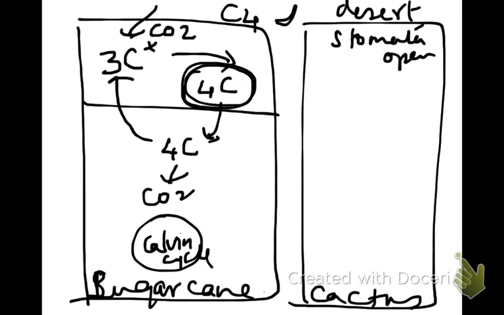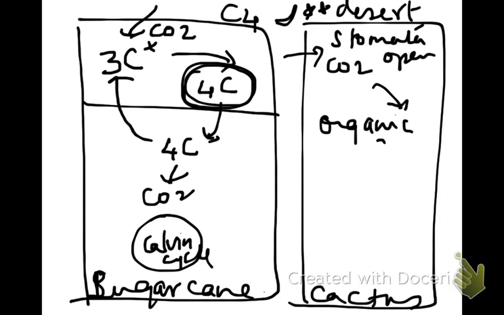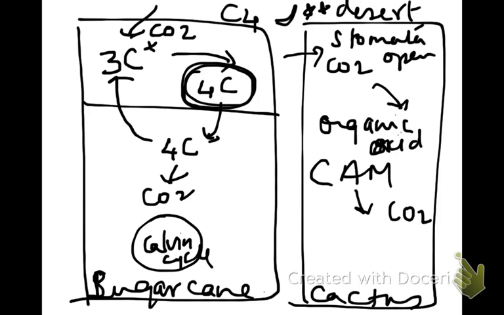So at night, when there is the moon and the stars, the stomata open, carbon dioxide comes in, and it is fixed into an organic acid and stored like an organic acid. Okay, it is also called crassulacean acid or CAM. This releases carbon dioxide for the Calvin cycle.